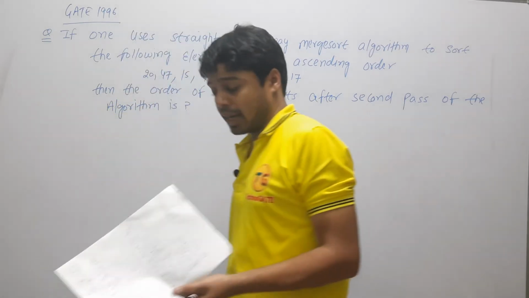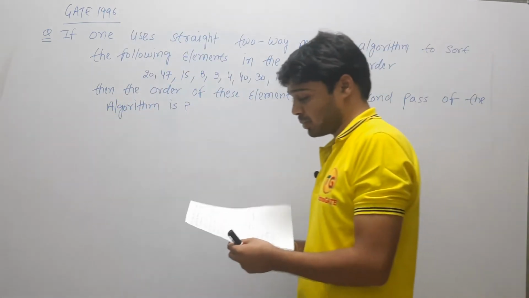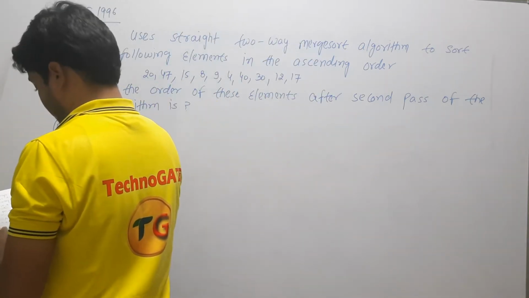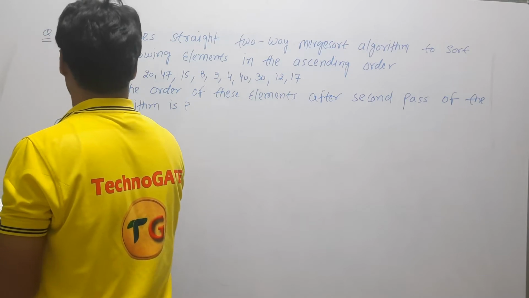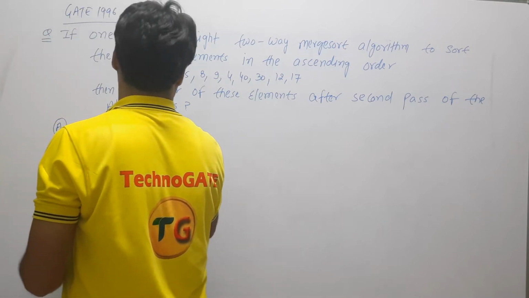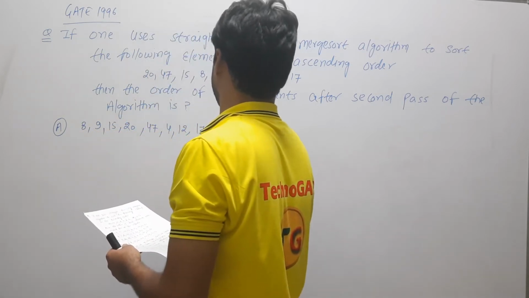So after second pass of the algorithm, what will be the order of these elements here? So these are the options given here. So what are the options? A is 8, 9, 15, 20, 47, 4, 12, 17, 30, 40.